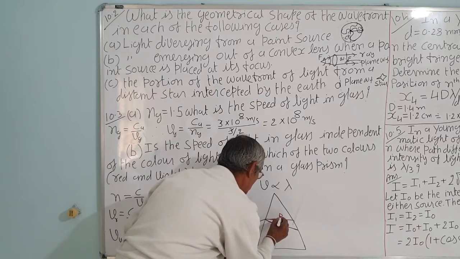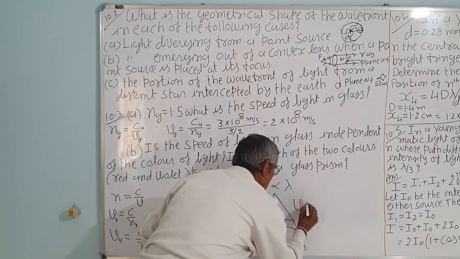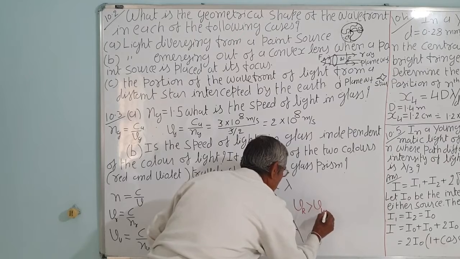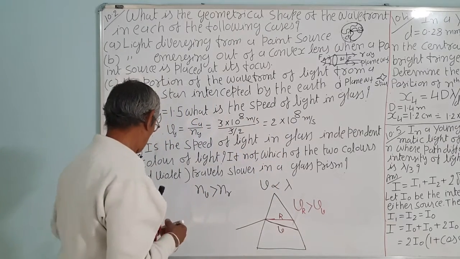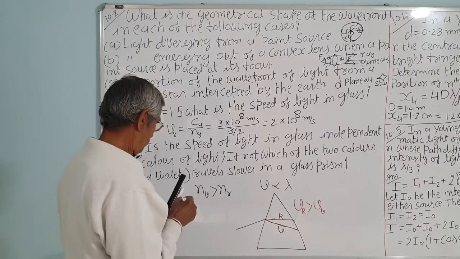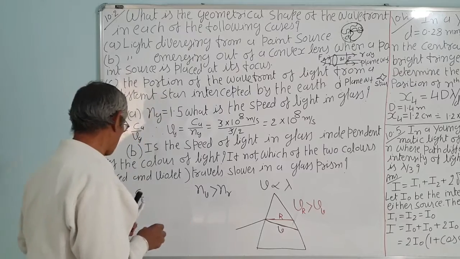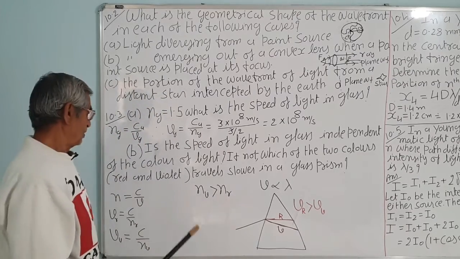So the velocity of red is greater than the velocity of violet. Correct? Remember, mu for violet is more. Refractive index of violet is more than refractive index of red.